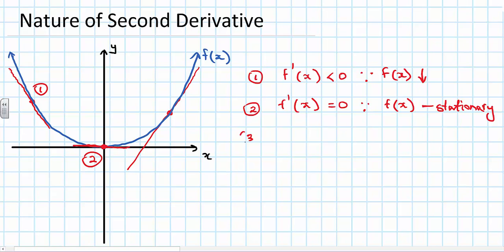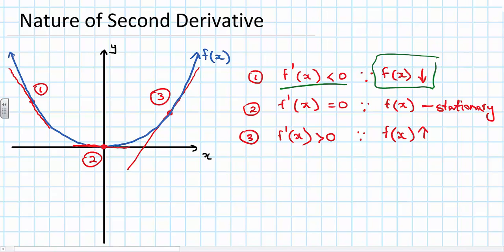And we know that in section 3, f dash x, that would be here, is greater than 0, and that's because my function is increasing. So essentially these relate. This less than 0 represents a decreasing function, greater than 0 represents an increasing function.